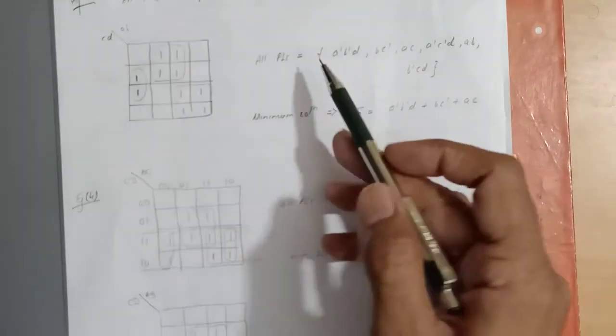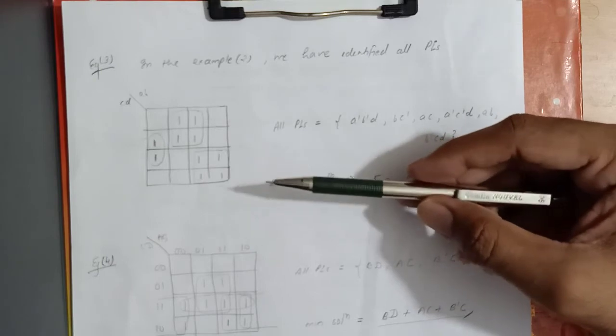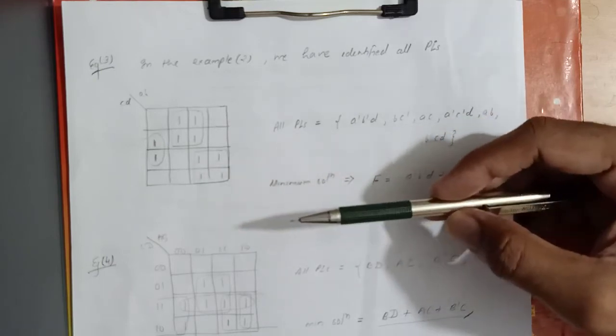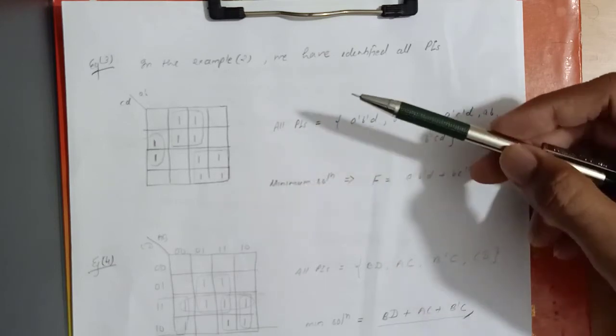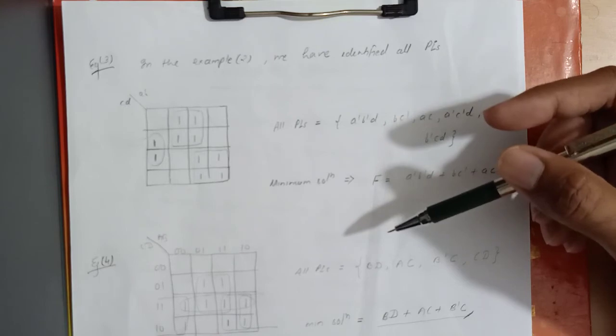These two examples illustrate that we need a systematic procedure to find the minimum solution using prime implicants. So we will look into that procedure.